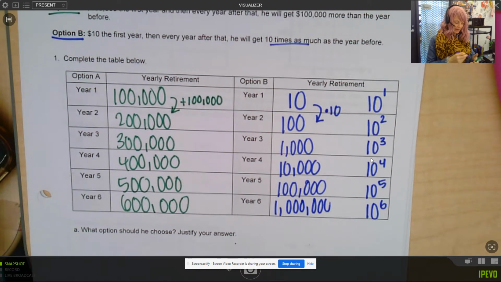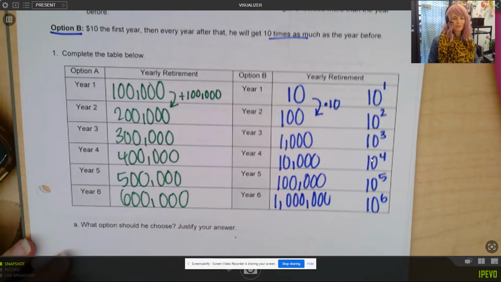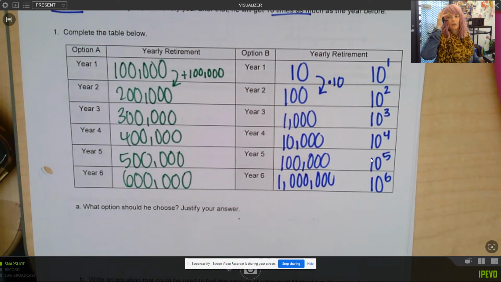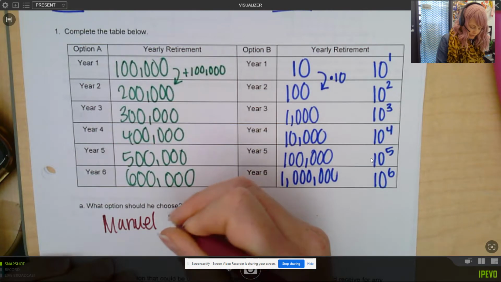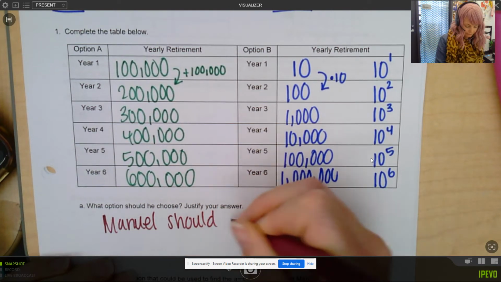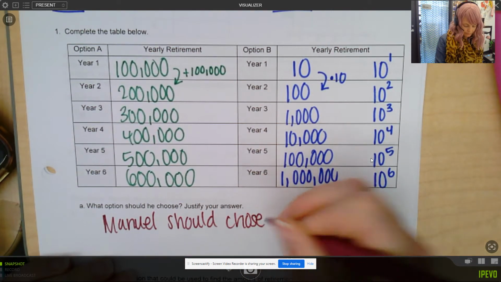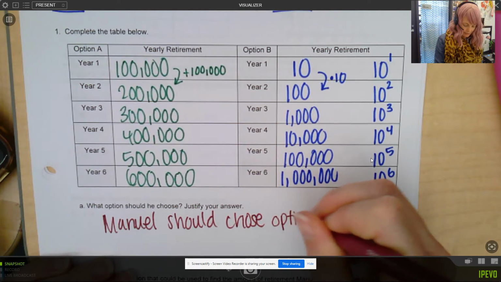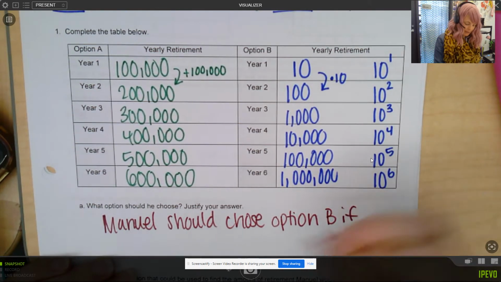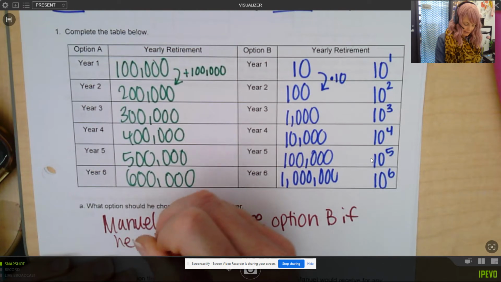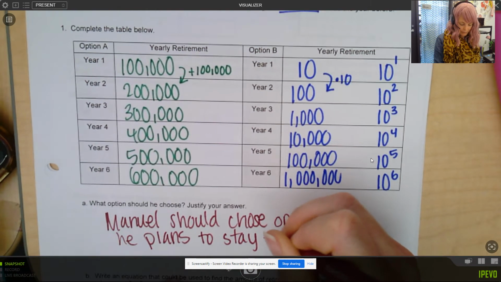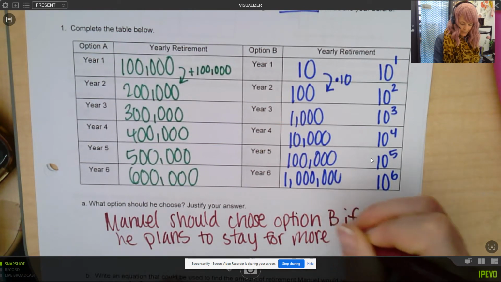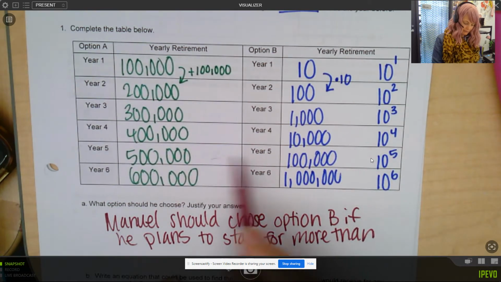Okay, so taking a look, what option should he choose? Well, depending on how long he's going to stay with the company, we can say Manuel should choose option B if he plans to stay for more than 5 years.